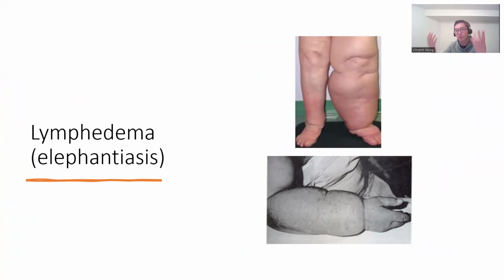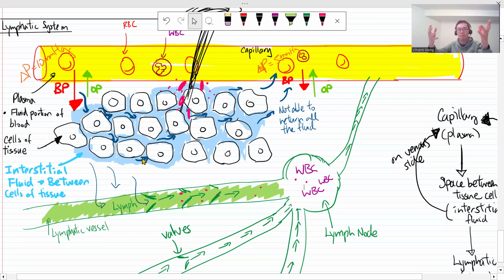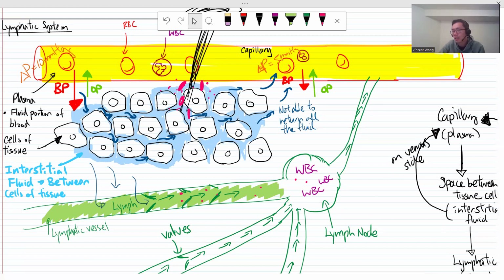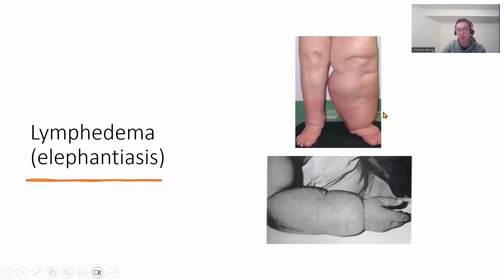If the lymphatic vessel is blocked, you cannot drain the fluid, right? So all the interstitial fluid, the blue stuff that we drew over here, it just builds up. And if it's in the arm or in the leg, then the whole limb becomes really, really swollen, right? As you can imagine, this is extremely painful, and debilitating. You can't move around like that.